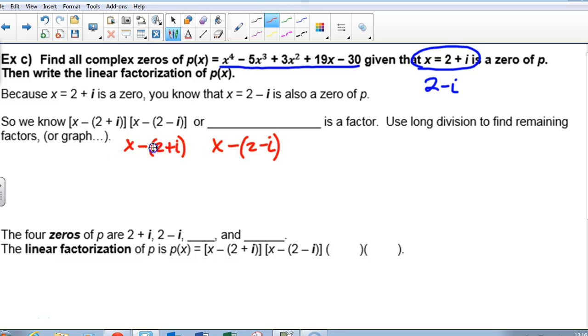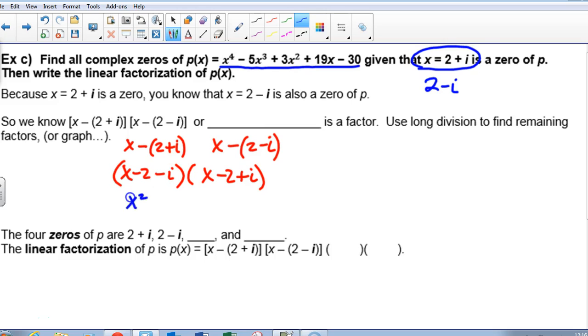If I distribute those negatives, I get x minus 2 minus i and x minus 2 plus i. I wouldn't bother to write this down if I were you because I'm going to show you a shortcut. Okay? Then you would have to distribute all this.